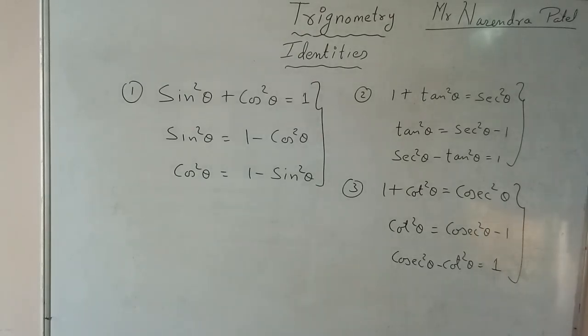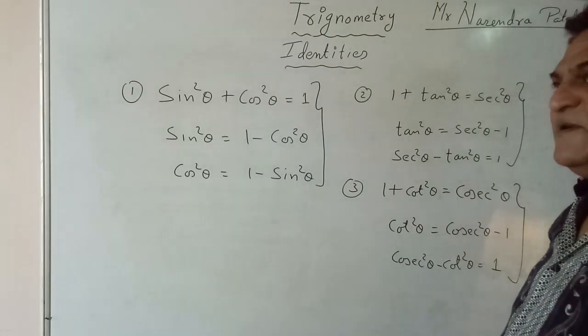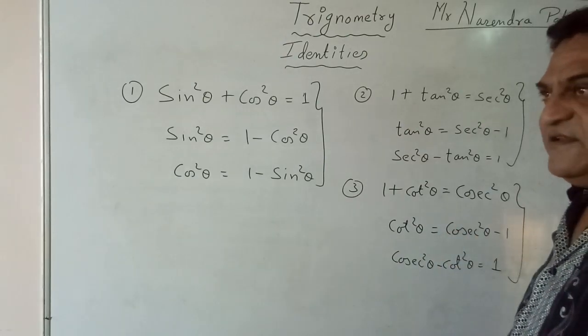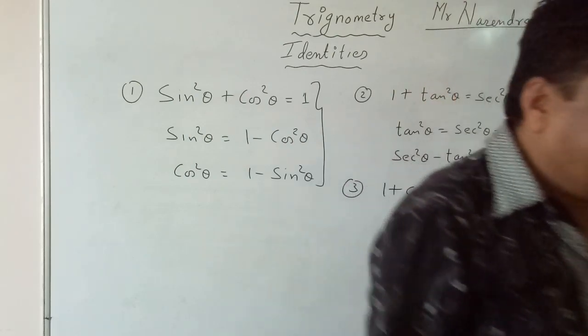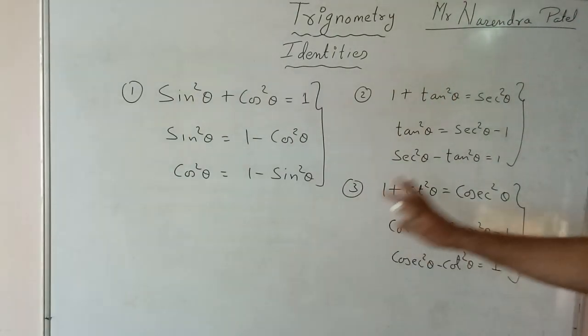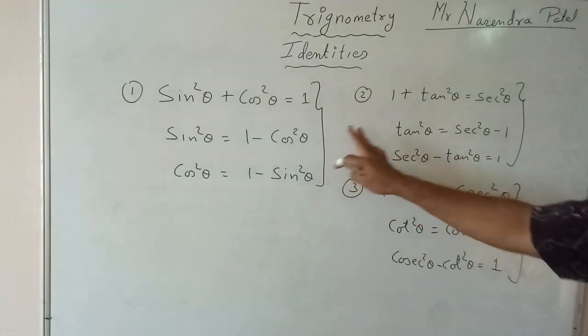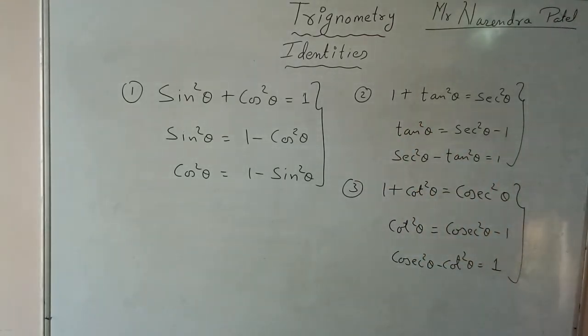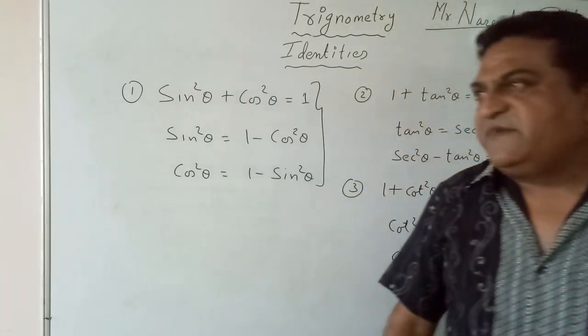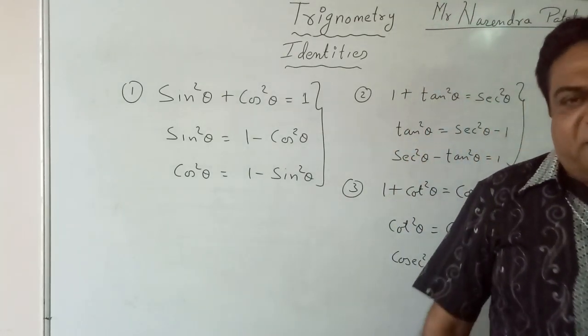So, if you are able to do the identities properly, then you will be able to solve the sums based on these identities. You have to prepare the 6 trigonometric ratios and these total 9 identities. 3, 3, 6, 3, 9. So after preparing all these 9 identities and 6 trigonometric ratios, you will be able to solve any type of sum based on these formulas.